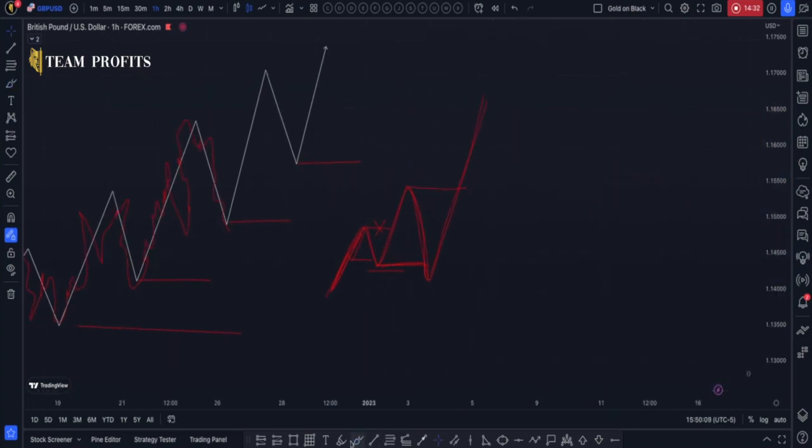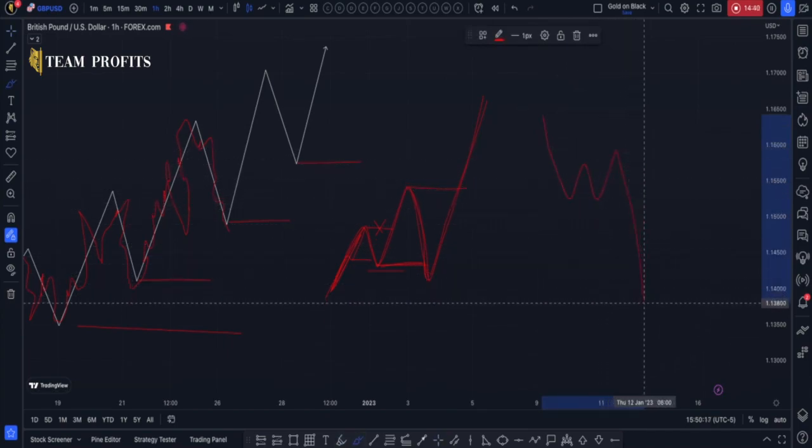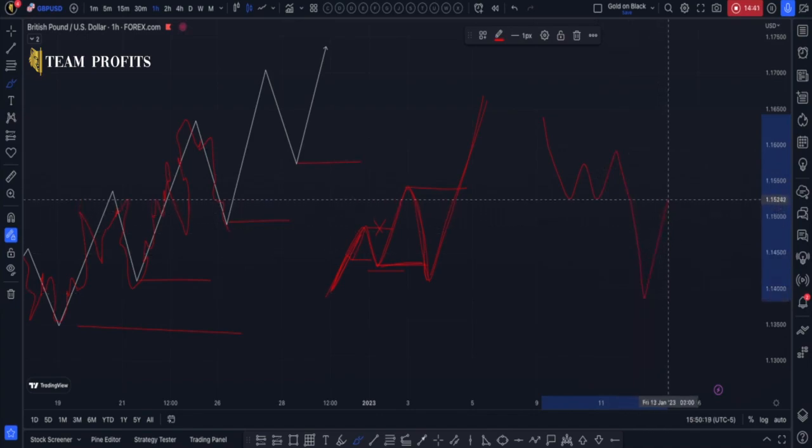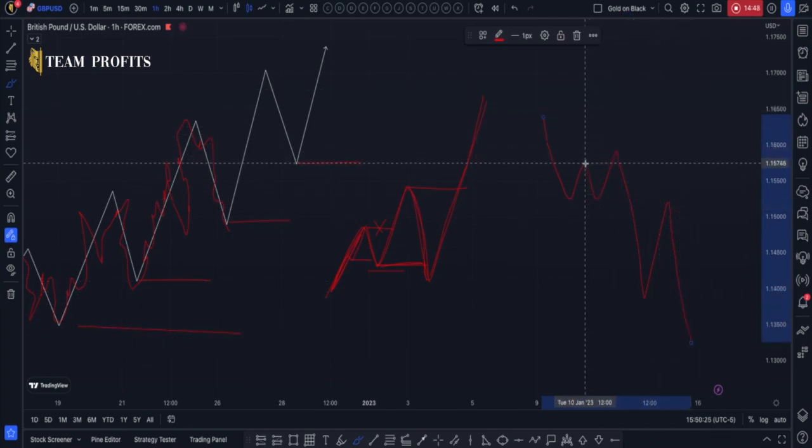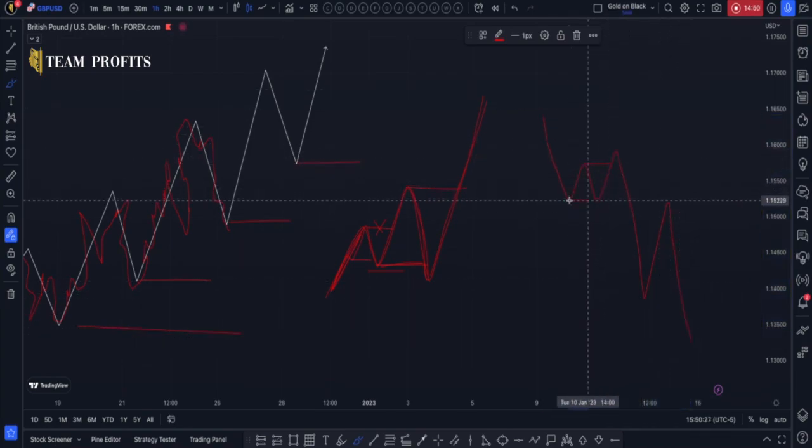The same is true for the downside. If the market is simply doing this, it takes liquidity and drops. Let's see, and this. You see, the market is inducing before it actually goes up and breaks that.